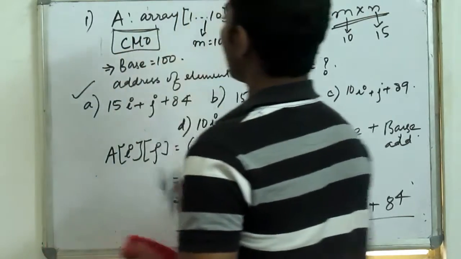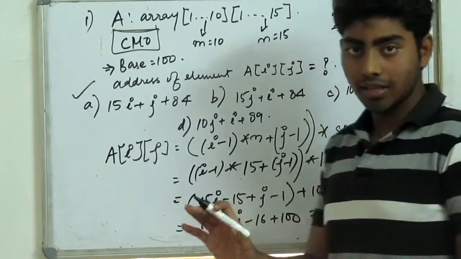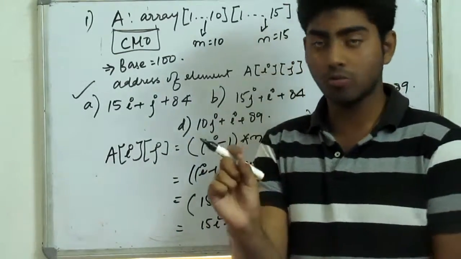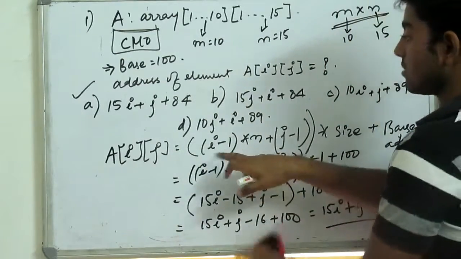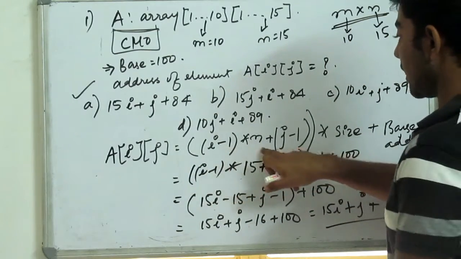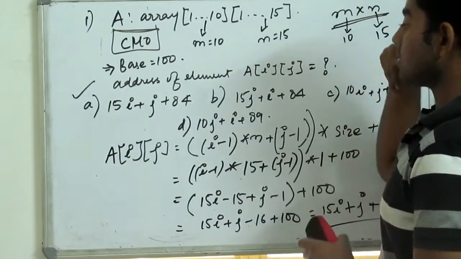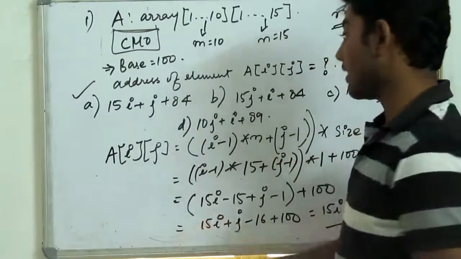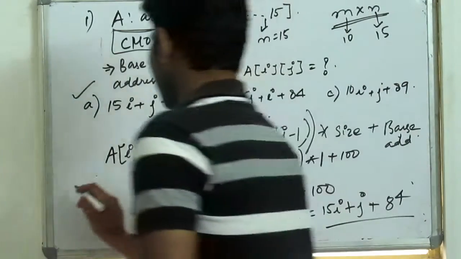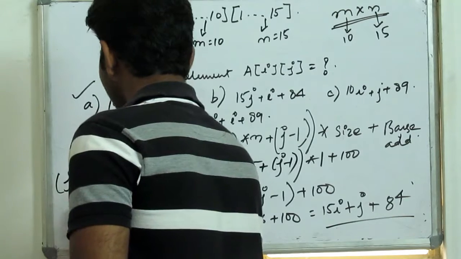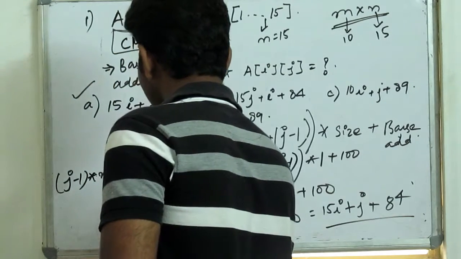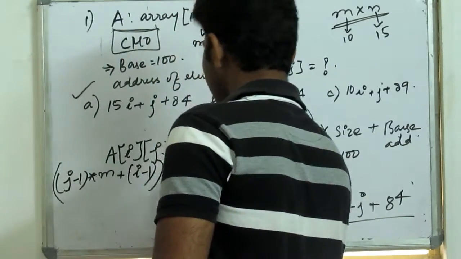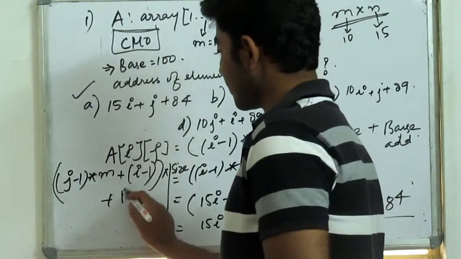Coming to row major and column major order, if you are not understanding this, then just as a way to remember the formulation, see that here I am writing i minus 1 and j minus 1. In case of column major order, you just swap i with j and n with m, and the formula you derive is (j minus 1) into m plus (i minus 1), into the size of each cell, plus the base address.